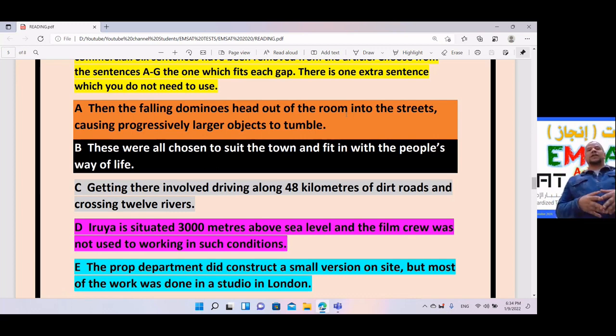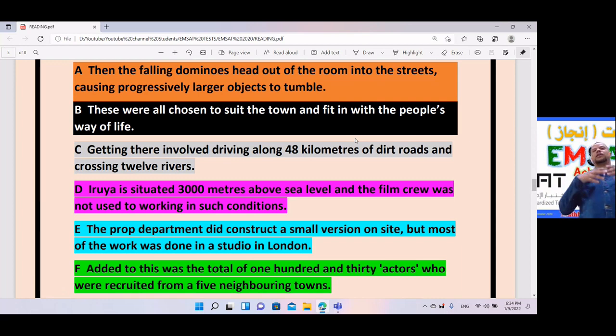So, scanning and skimming. A, then the falling dominoes head out of the room into the streets, causing progressively larger objects to tumble. B, these were all chosen to suit the town and fit in with the people's way of life. C, getting there involved driving along 48 kilometers of dirt roads and crossing 12 rivers.